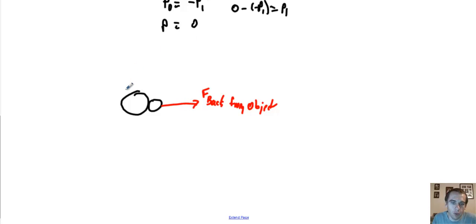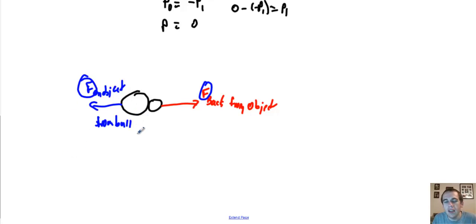But there's a second force that acts on this ball, and this is the force on the object from the ball. And according to Newton's third law, those two forces are equal and opposite. So if this force is bigger because it bounces back instead of just stops, then this force is also bigger, and therefore the ball that bounces is going to have a greater effect on this massive object a little bit more.